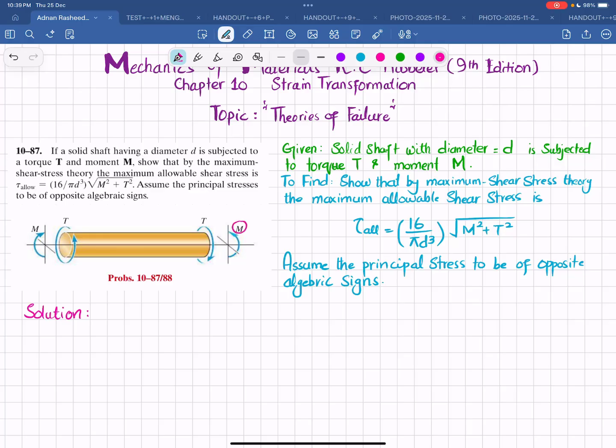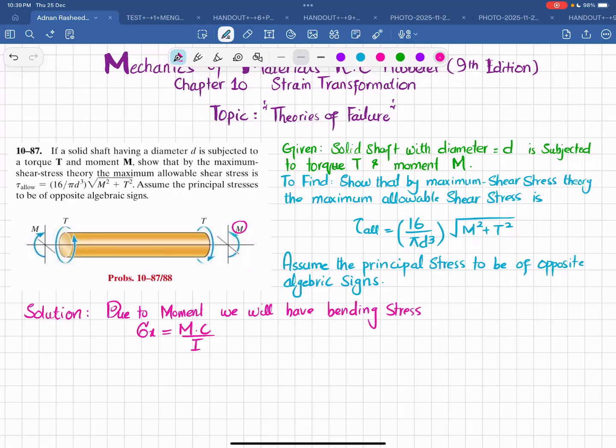Now you can see that due to moment, we will have bending stress, which is equal to sigma x, and this sigma x will be equal to M times c divided by I, where M is the moment, c is the radius, and I is the moment of inertia.